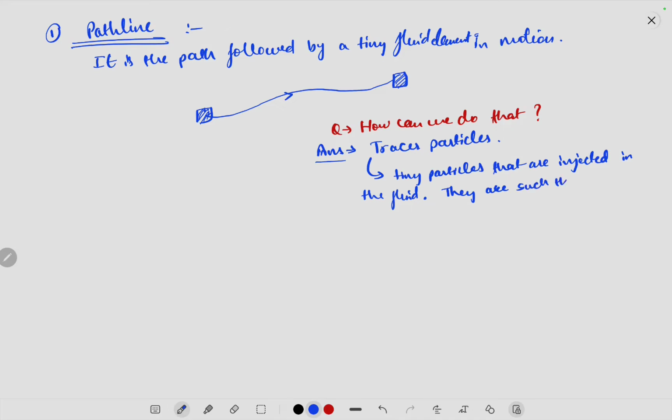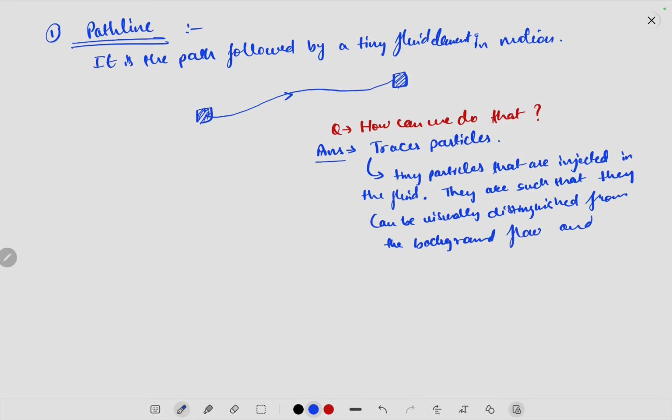They are such that they can be visually distinguished from the background flow and are tiny enough so that they don't disturb the fluid flow.